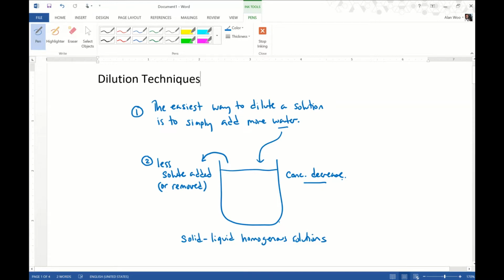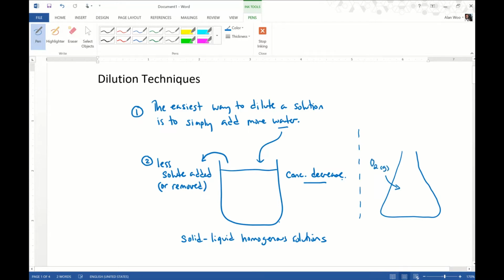Okay, but if you wanted a solution of gas to be diluted, okay, then all you have to do is add a different gas. Okay, so let's say this flask had oxygen gas.